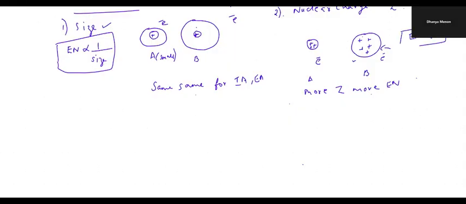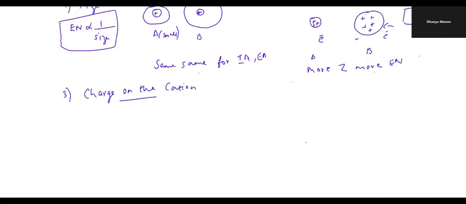The next factor, students, is charge on the cation. Cations, you know, are atoms or ions with positive charge, right? Now, suppose I have Fe ions, Fe2+ and Fe3+.